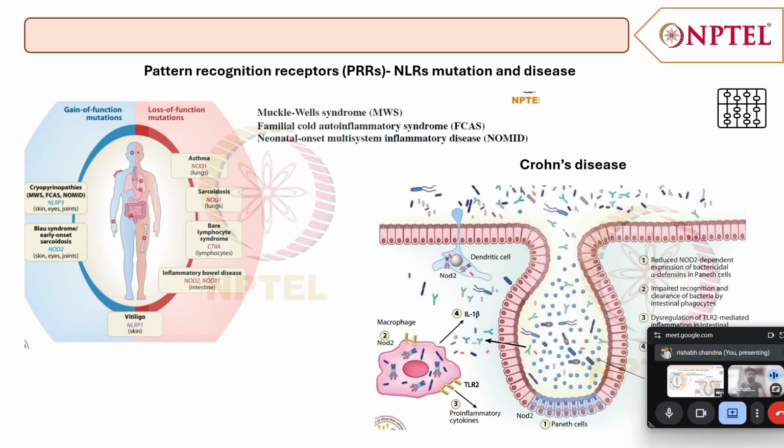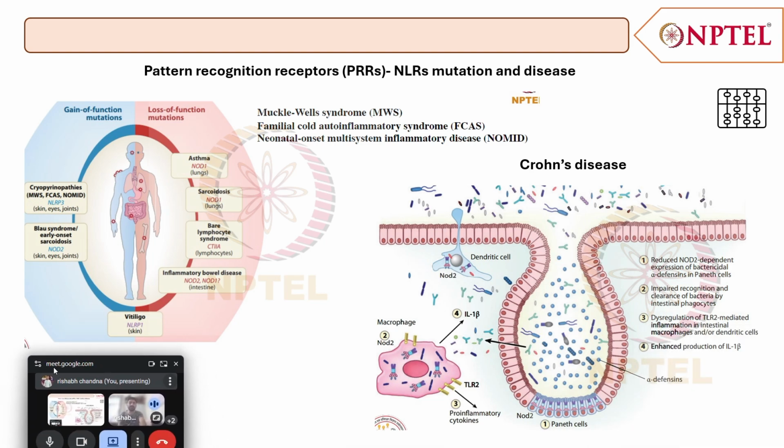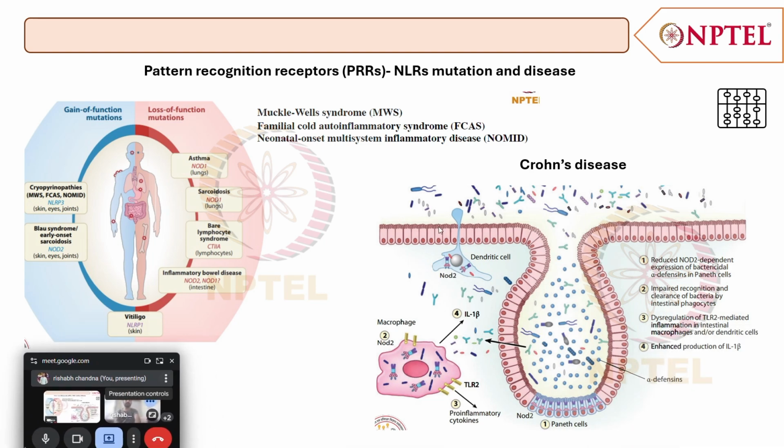Okay, so moving on to how these NLRs actually function in disease, as well as the mutations that cause the diseases. For example, NLRP3 mutation causes cryopyrinopathies.